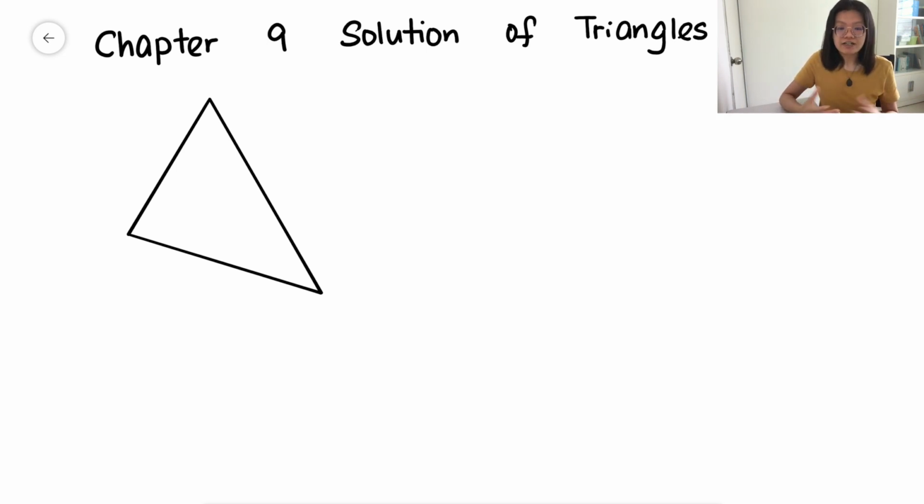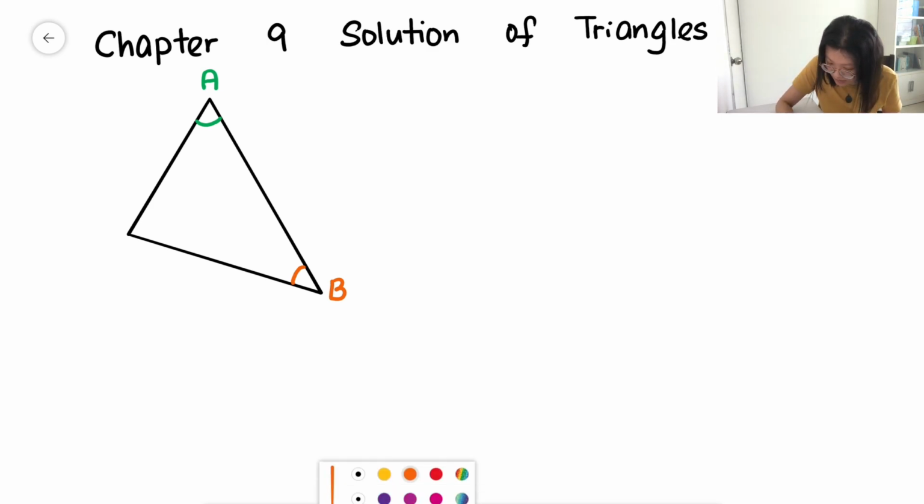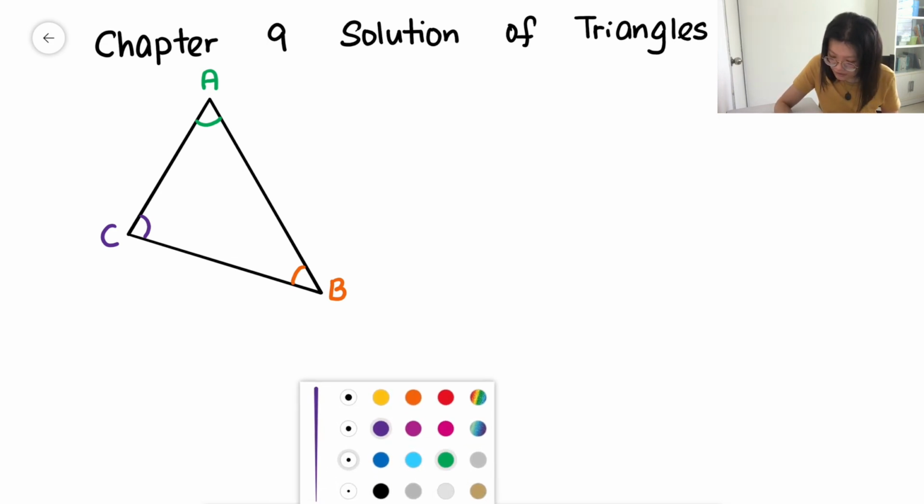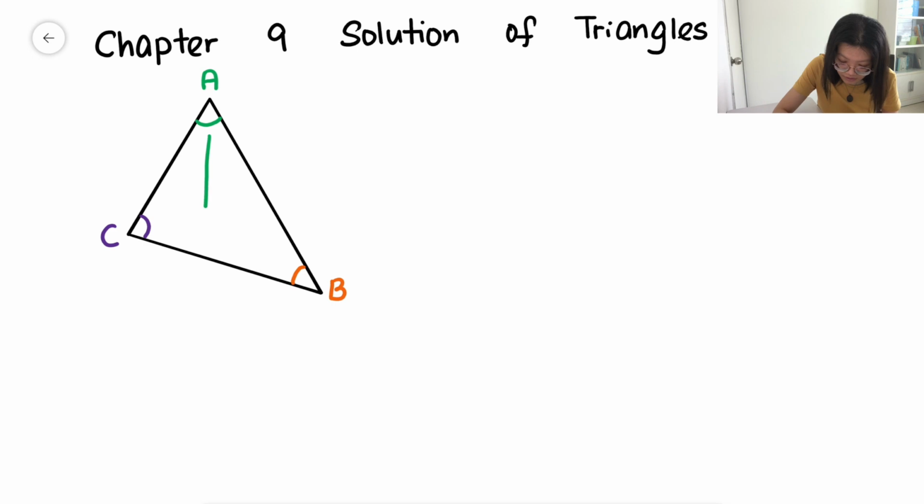So since we are dealing with triangles, at first, we need to draw a triangle first. Let me call my triangle A, B, C. I will use different color to write. So big A represents the angle A. And big B represents the angle B, and big C represents angle C. And the opposite of angle A, the length will be known as small a.